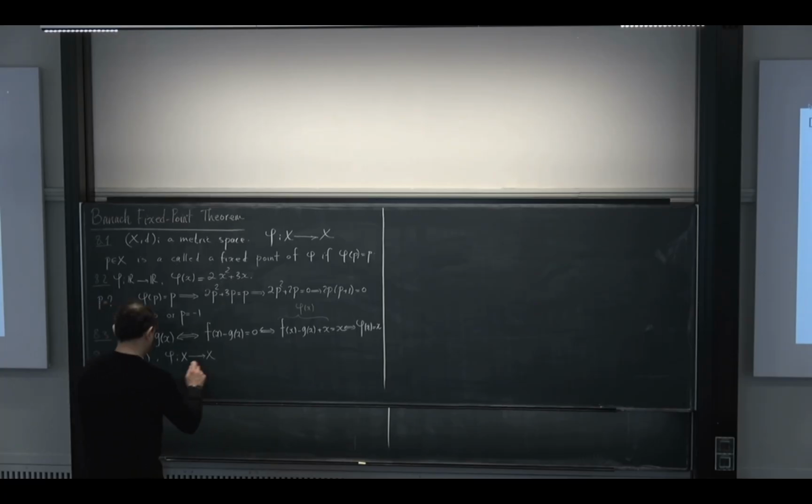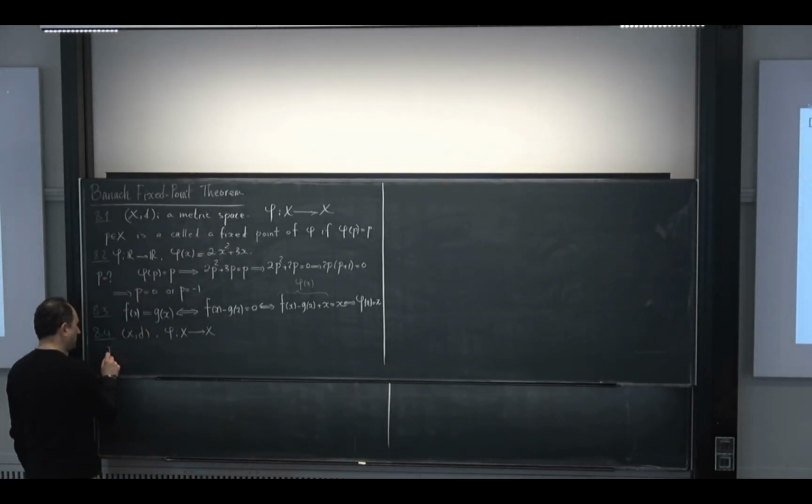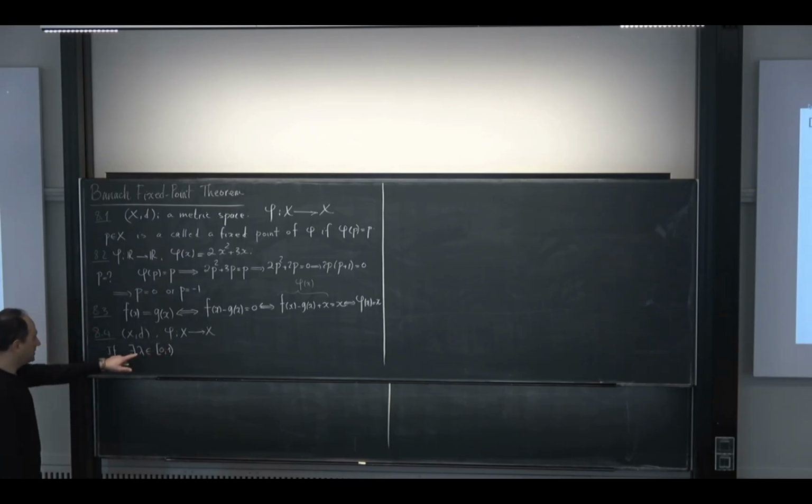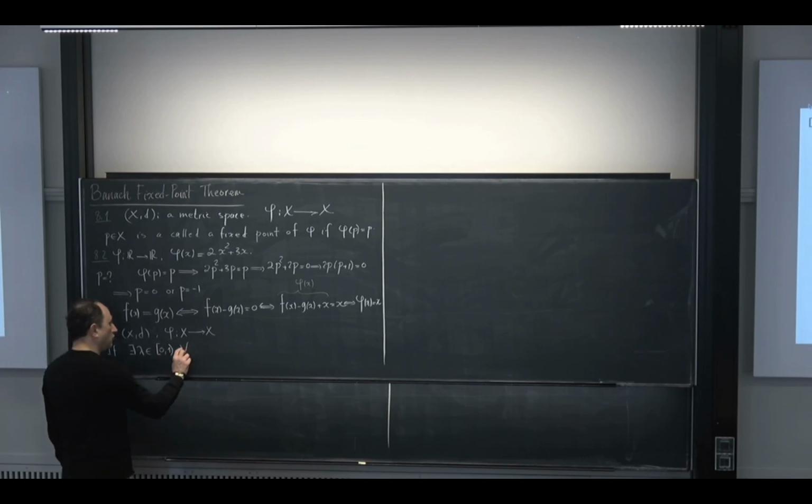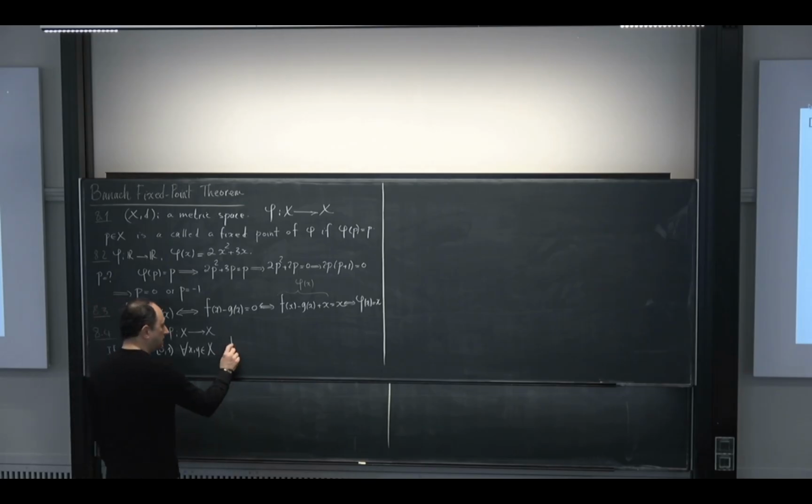If there exists a lambda in the interval from 0 to 1, 1 open, 0 could be included. If there exists this such that for all x and y in X, the distance between phi x and phi y. What is the distance here?